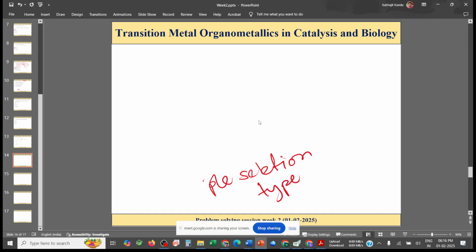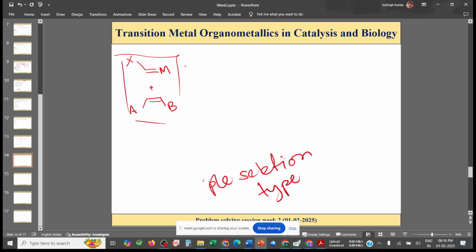Let's say, for example, we have a metal carbene intermediate X bound to metal M, and we have another olefin A, B. Now the reaction between these two can happen in different ways. If this orientation is fixed, this will give one product. If the orientation of AB changes, that will give another product.